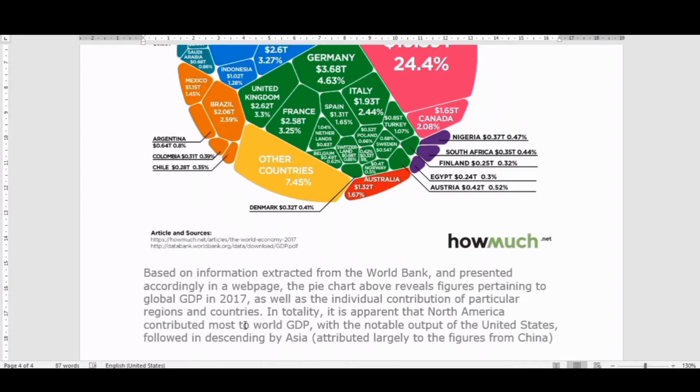China is the world's second biggest economy, and third will be Europe. There, so that's enough for the overview statement.